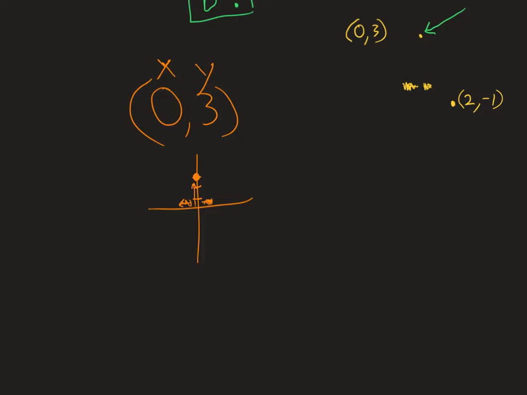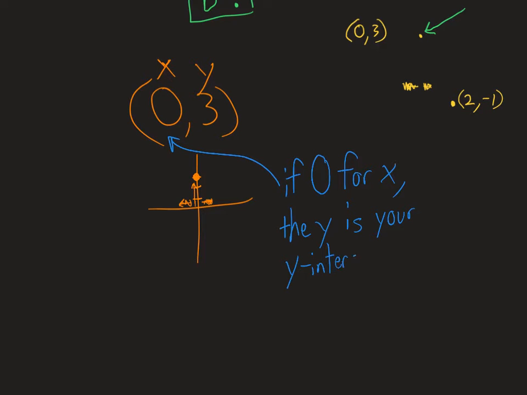In other words, if 0 for x, the y is your y-intercept. Because we didn't move either direction on x, we stayed right on the center, the origin it's called, and just went straight up to y.